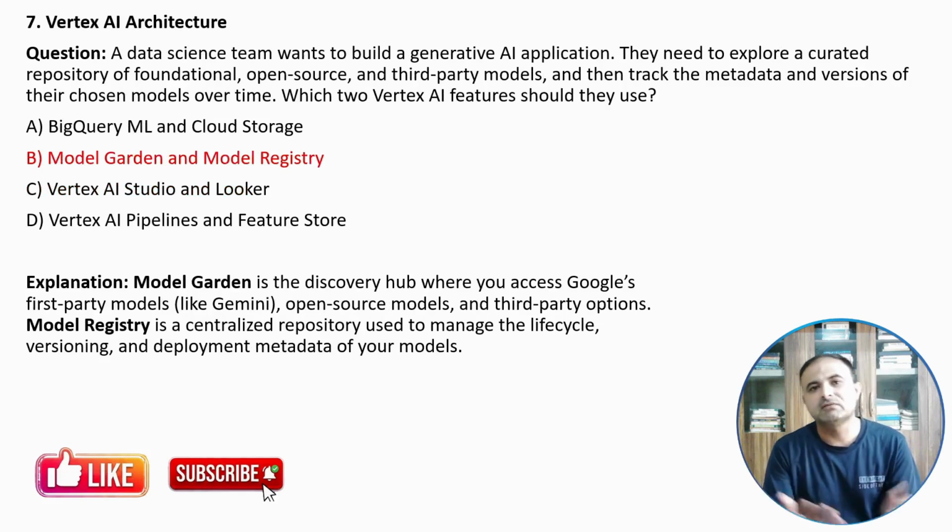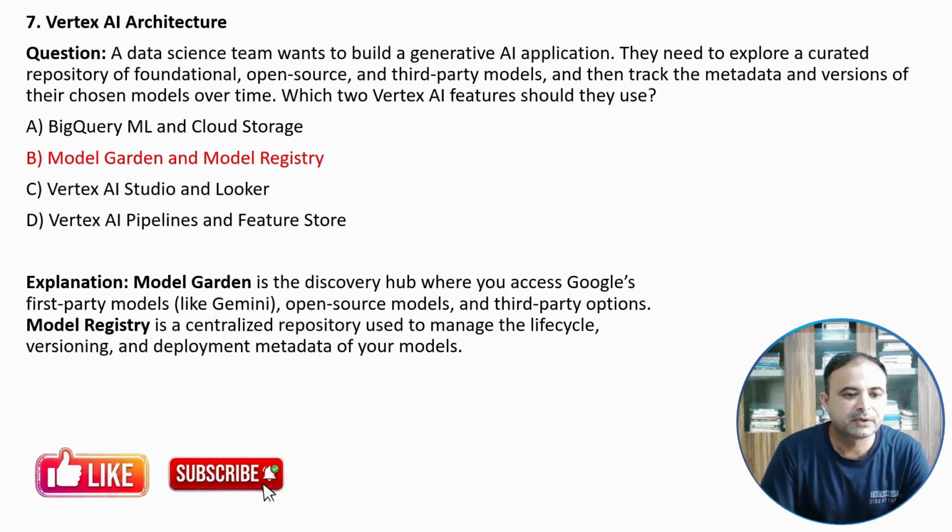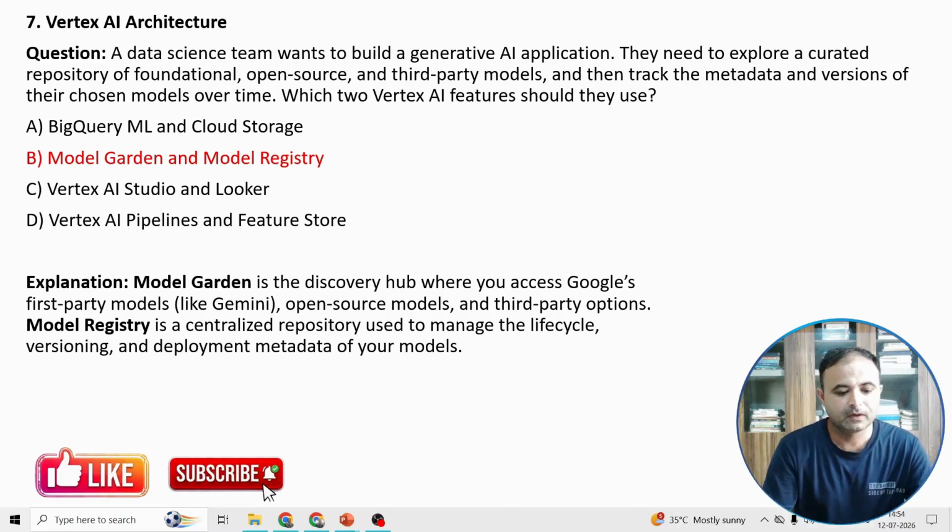Next, Vertex AI architecture. A data science team wants to build a generative AI application. They need to explore a curated repository of foundational, open source and third party models, and then track the metadata and version of their chosen model over time. Which two Vertex AI tools should they use?